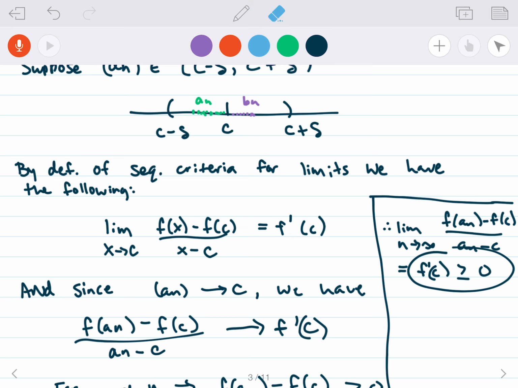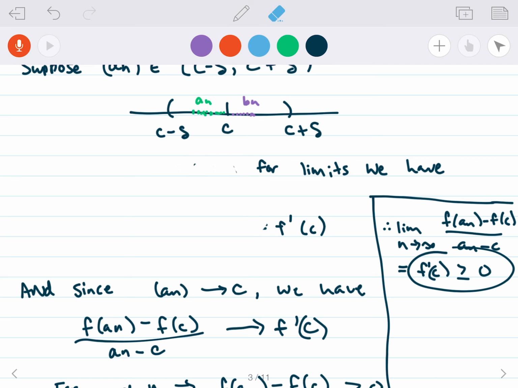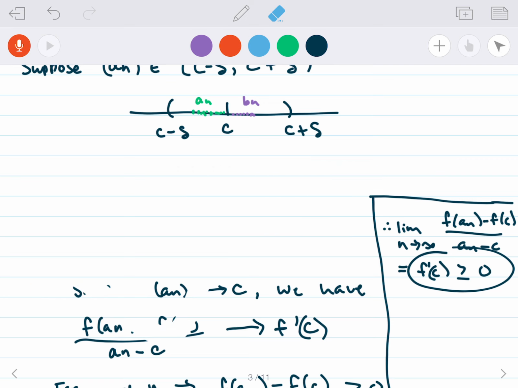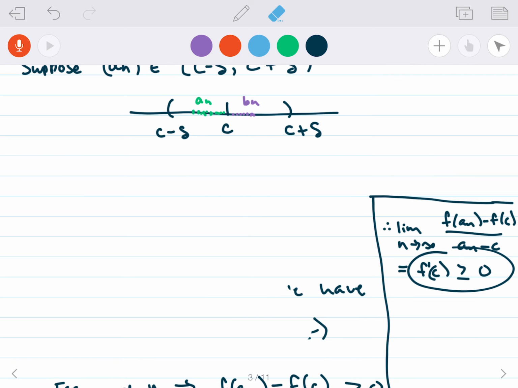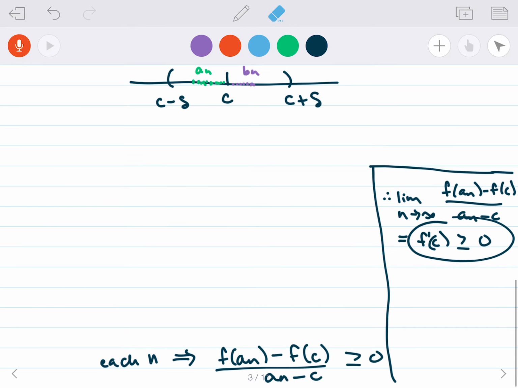Okay, so let's go ahead and write that down. So similarly, and again, we can find these sequences because we're working with an open interval. We can always find a sequence converging to anything in our open interval.